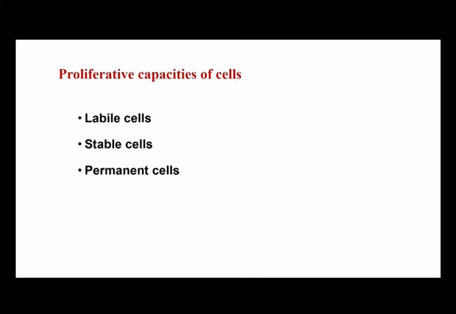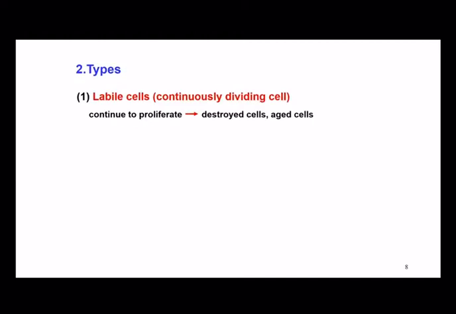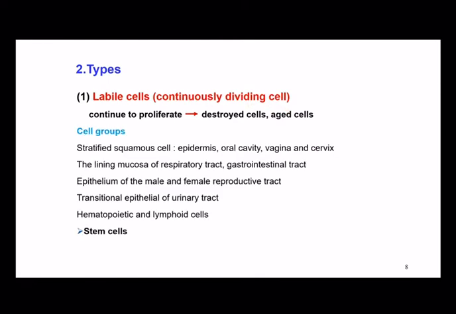According to the cell's proliferative potential, cells can be divided into 3 types: labile cells, stable cells, and permanent cells. The first type, labile cells, also called continuously dividing cells, continues to proliferate to replace the destroyed cells and aged cells.